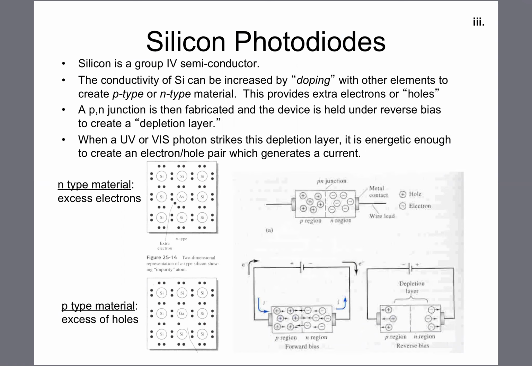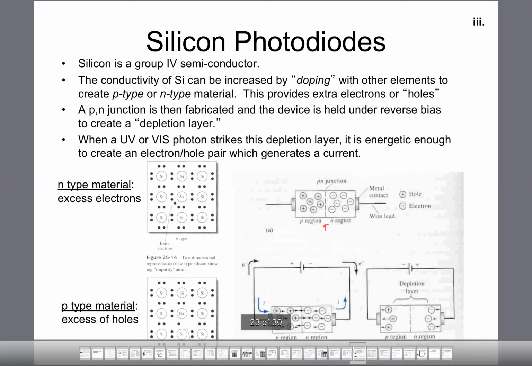Now, how does that work? Well, I mentioned that there's this depletion layer at the interface between the P and the N region, the PN junction. And it gets worse in the reverse bias case, doesn't it? An interesting aspect of these materials is that if a photon of light energy comes in and strikes the PN region, if that photon is energetic enough, it can actually create an electron hole pair right at that interface.